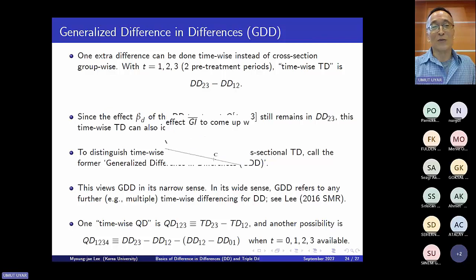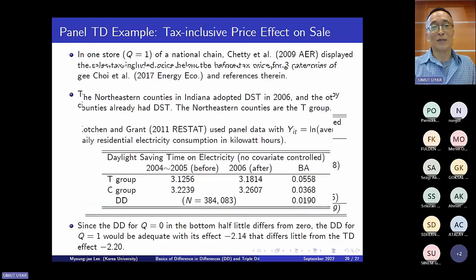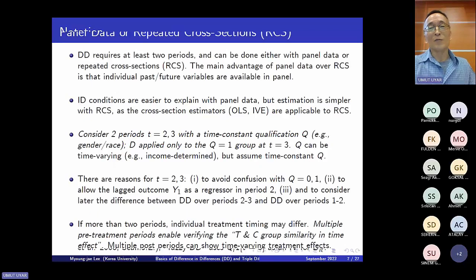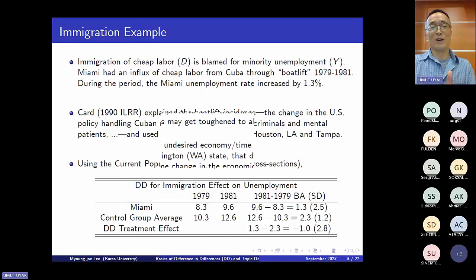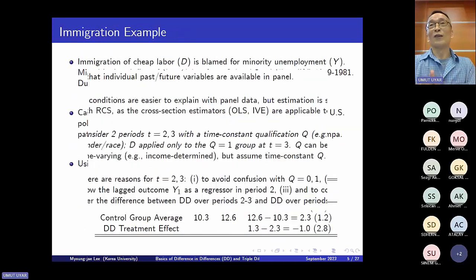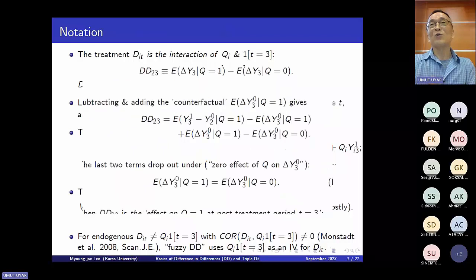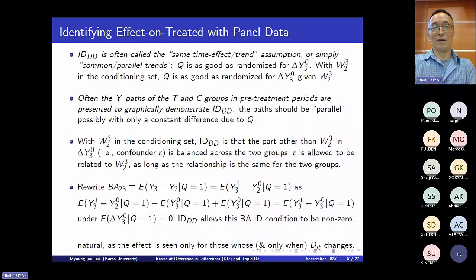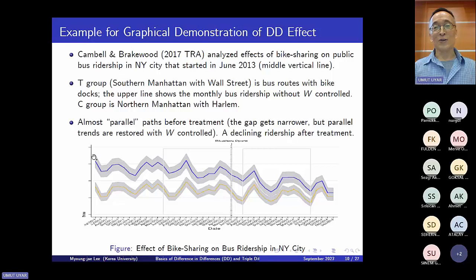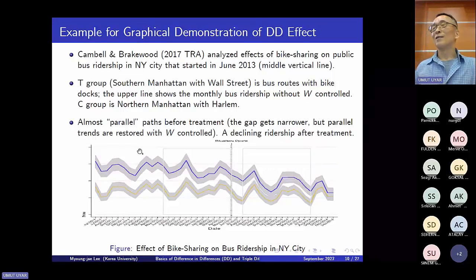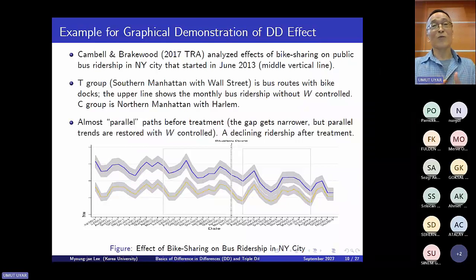For transportation policy, typically the policy is applied locally. Here, this policy is applied to, say, one part, southern Manhattan. Then it's easy to find a control group. So in this kind of case, it's easy to find a control group.